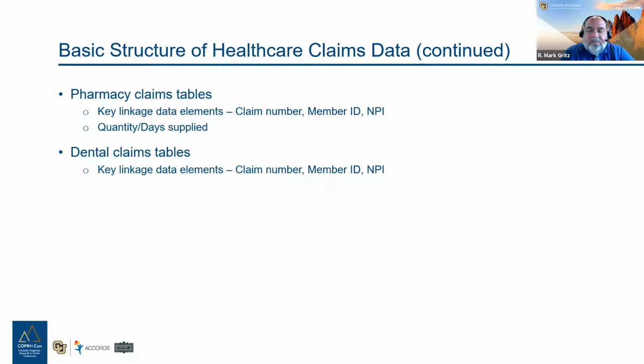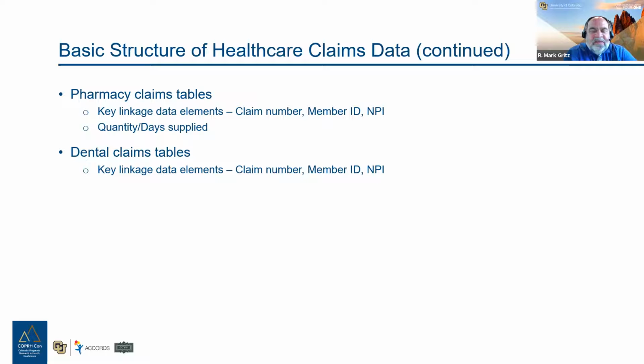Pharmacy claim tables often also have a header and a line component where the header has information on multiple prescriptions that are filled, and then the line items are for each individual prescription. And in those instances, one of the key data elements are the quantity or days supplied for a particular prescription that's being filled and having a claim processed.